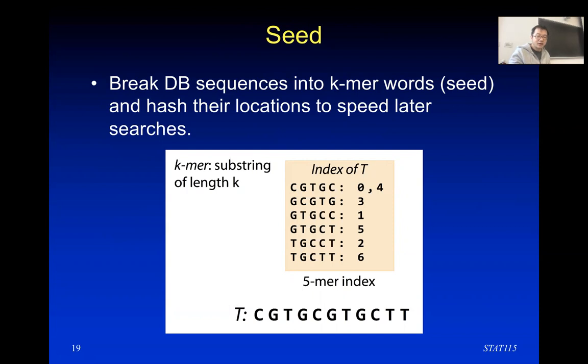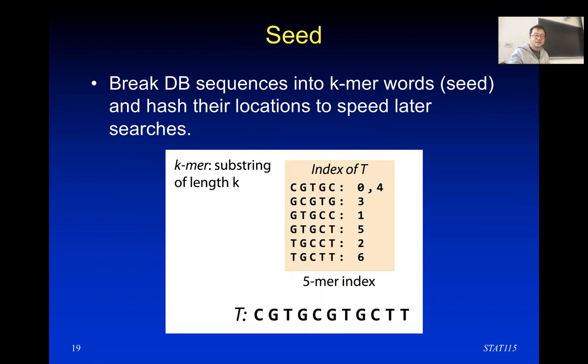For the seed, in this case, we split the genome into overlapping 5-mers, like CGTGC, and then the next one is GTGCG. And then we use a hash table or another way to store which location each 5-mer starts from.